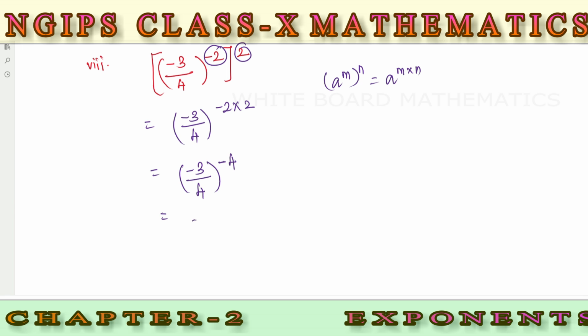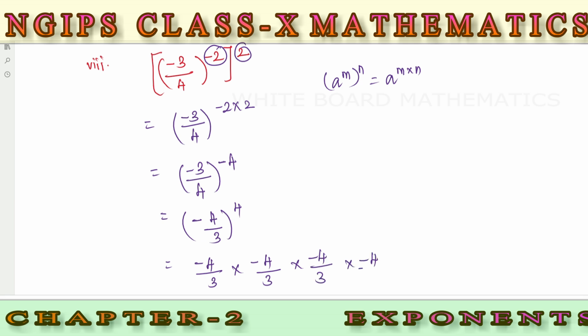To make this positive, we need to take the reciprocal of minus 3 by 4. Now it will become minus 4 by 3 whole power 4. Now we have to multiply this number by itself 4 times: minus 4 by 3 into minus 4 by 3 into minus 4 by 3 into minus 4 by 3.